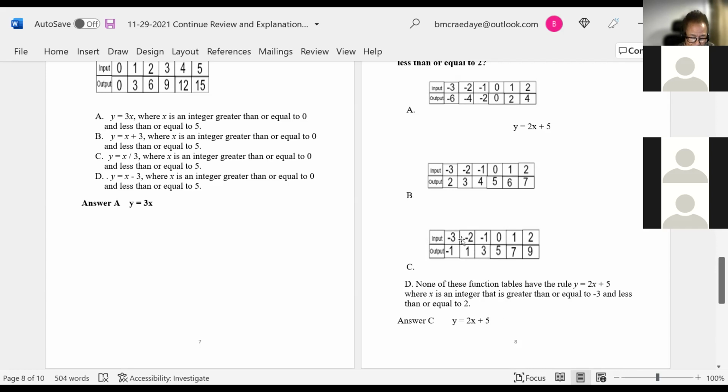What would this be equal to, Audrey? If I substitute for x minus 3, so y equals, now x, I'm putting the minus 3, the input, right? Now plus 5. So that's going to be equal to minus 6. 2 times a minus 3 is a minus 6.